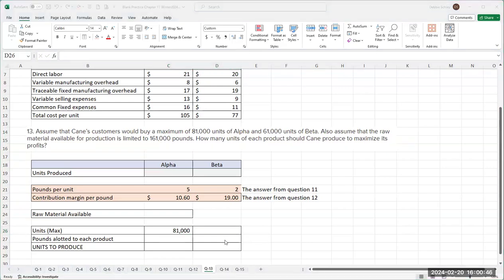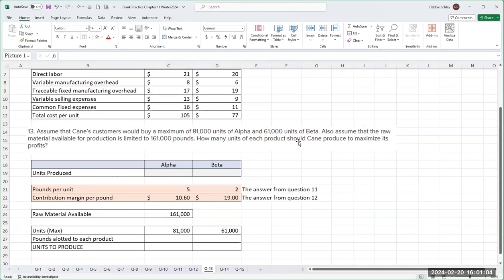And 61,000 units of beta. Assume that the raw material available for production is limited. So here's our constrained resource. It's limited to 161,000 pounds. How many units of each product should Kane produce to maximize its profits?